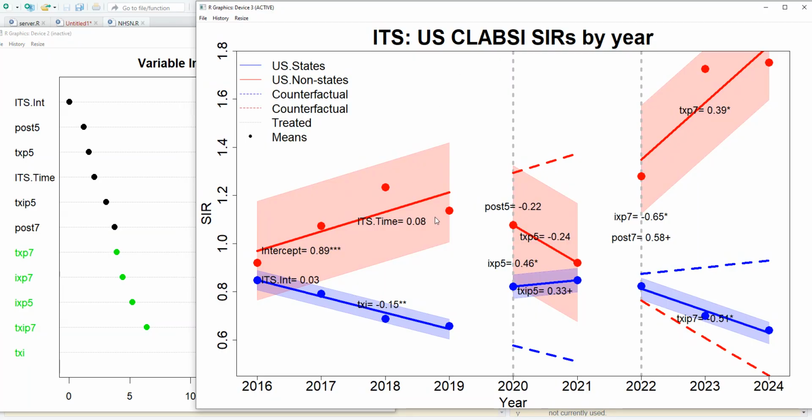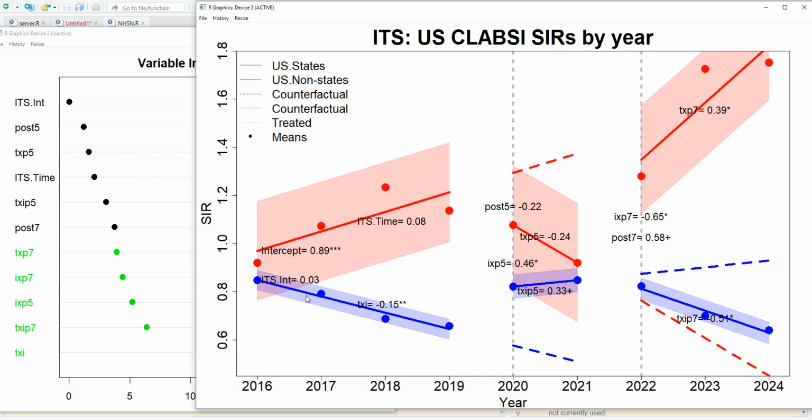Okay, so we can see that what happened with our data was that our US states had a decreasing trend at the baseline. Our non-US states had an increasing trend at the baseline.